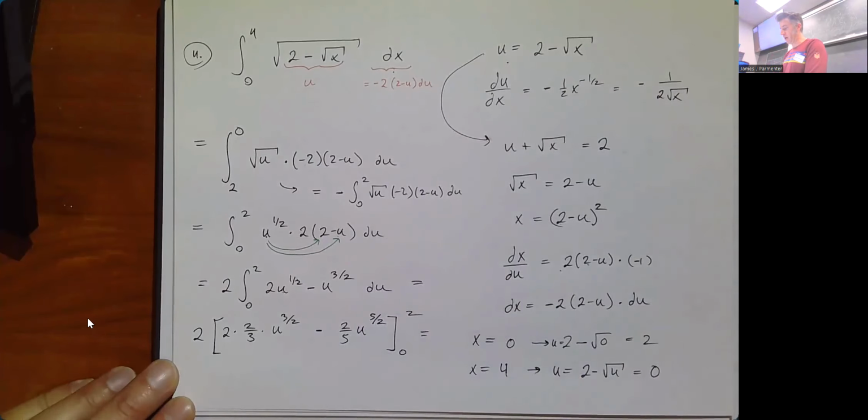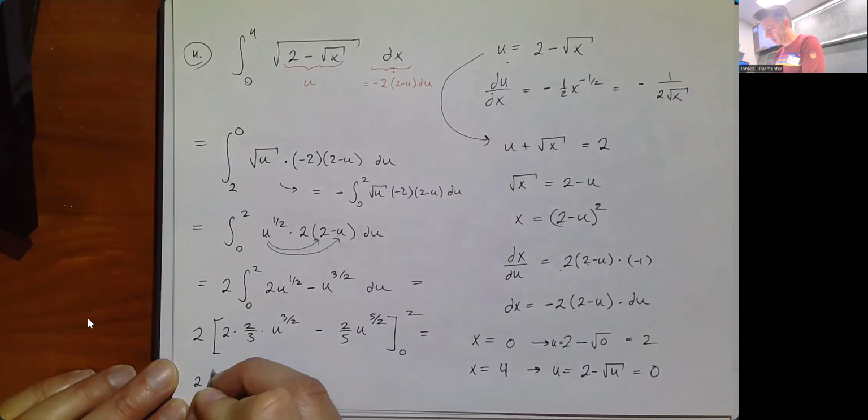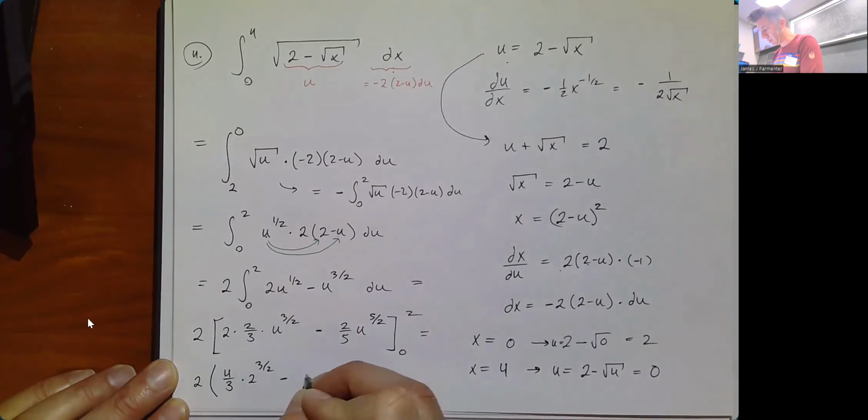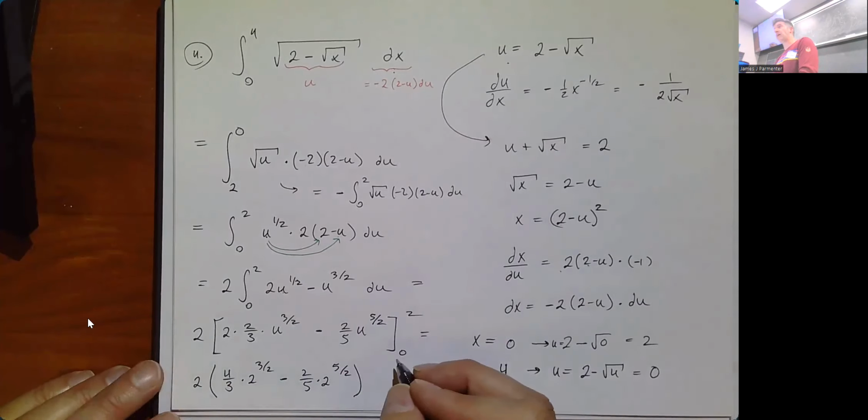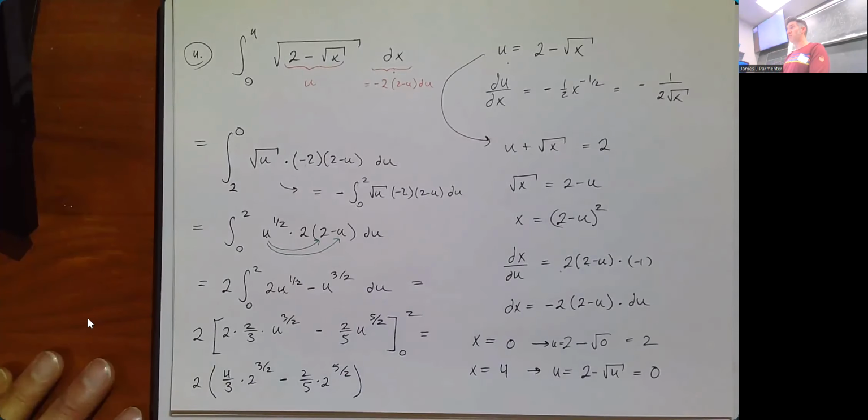So if we plug in here, I'm going to get 2 times 4/3 times 2 to the 3/2 minus 2/5 times 2 to the 5/2. That's gross. And then if I plug in 0, do I get 0? What's 0 to the 3/2?